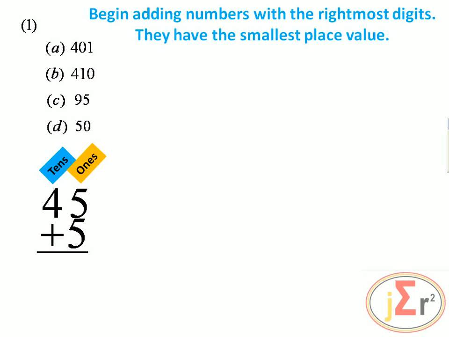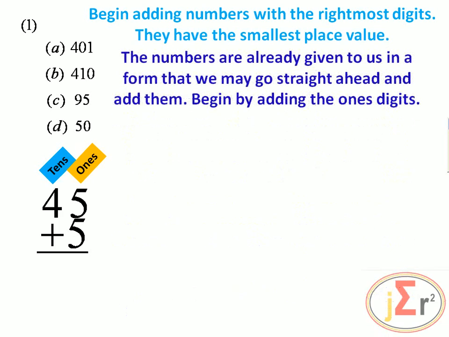They have the smallest place value. They are the digits of least significance. The numbers are already given to us in a form that we may go straight ahead and add them.